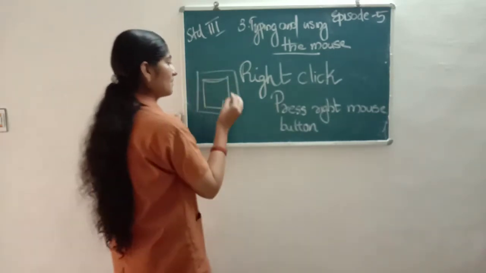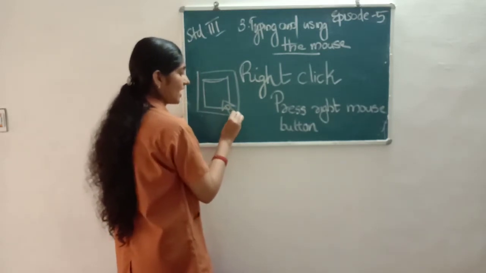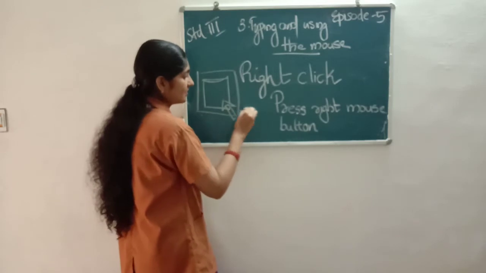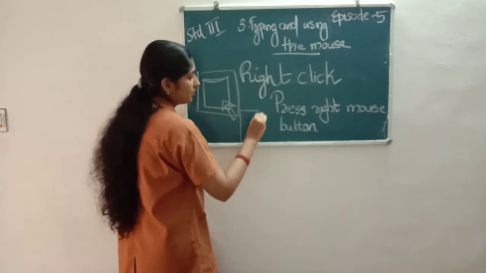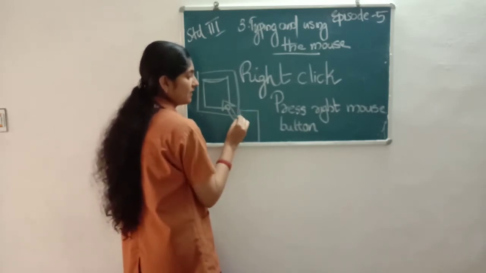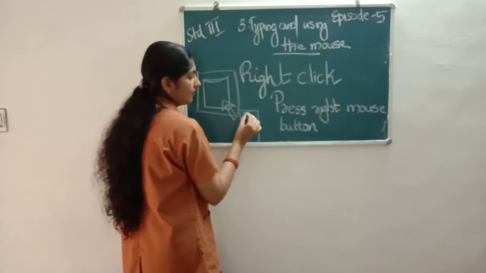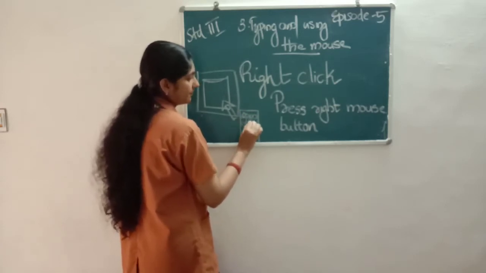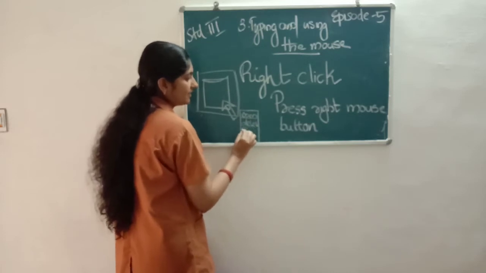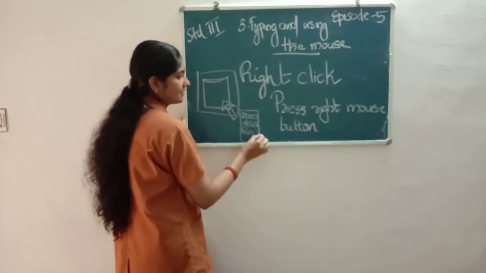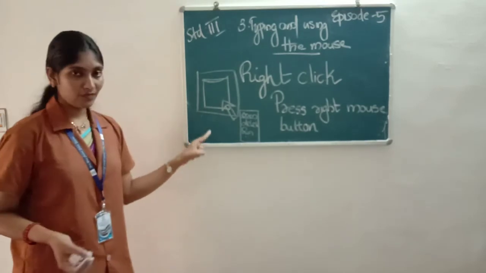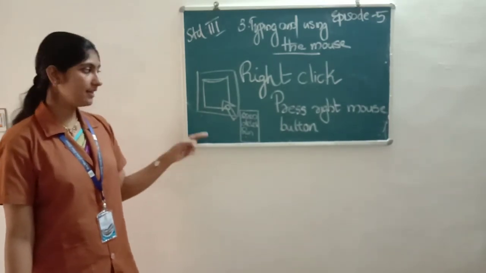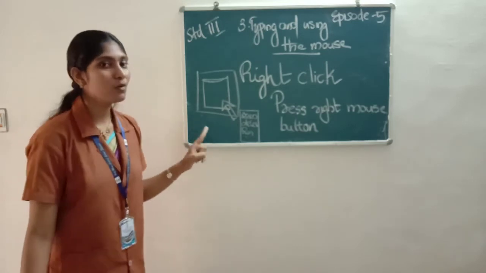Then right click means press the right mouse button, and a shortcut menu will appear. It contains open, delete, rename, save, etc. So when we right click a folder or a file, a shortcut menu appears.